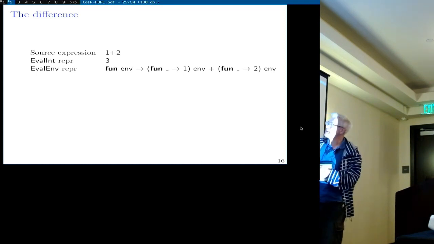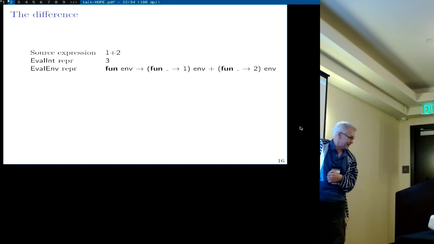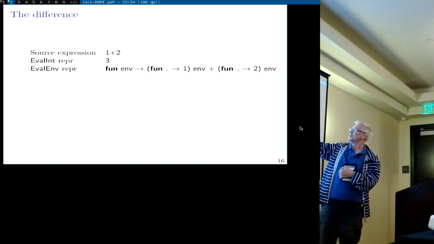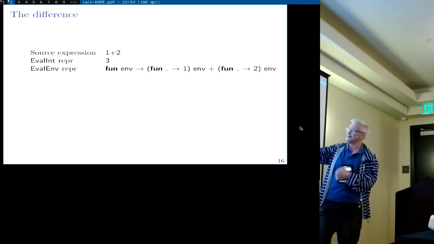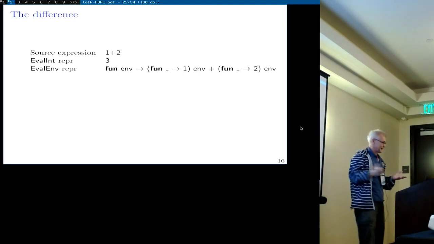Well, in the environment interpreter, the denotation of 1 is a function from environment to 1, right? The denotation of 2 is the same kind of function. And the denotation of plus is a function from environment to this bigger thing.